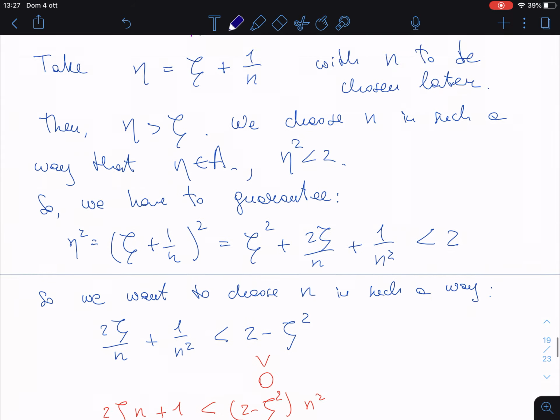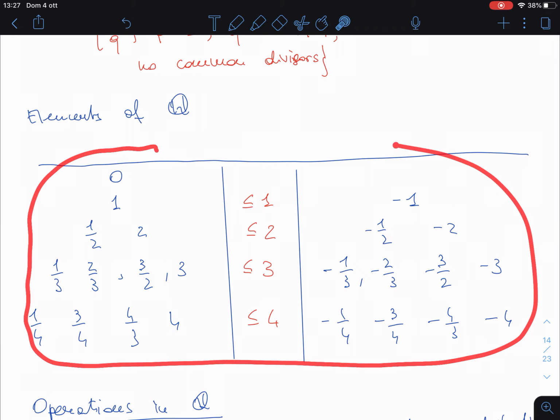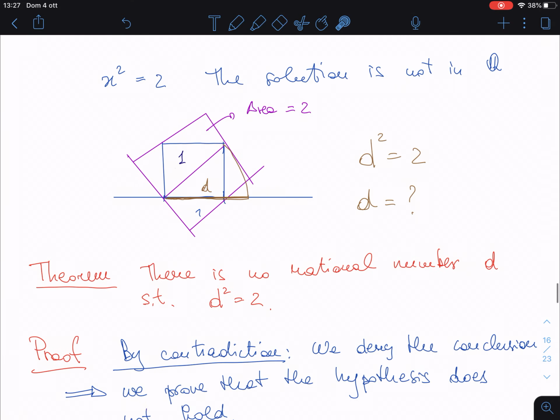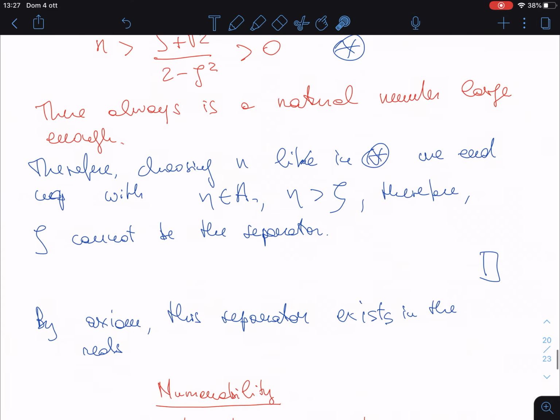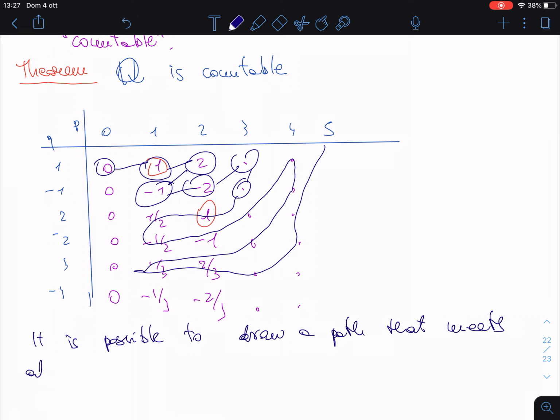with the other table. Where is the table? Here, probably it is less spectacular, you don't have to find paths, but here it is clearer how to construct a list of rationals. So, the point is that here it is possible to draw a path that meets all points in the table.